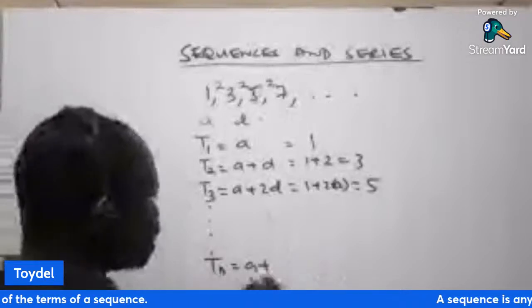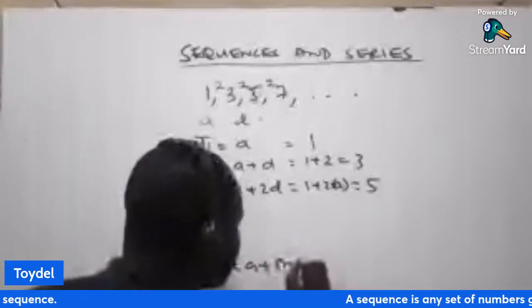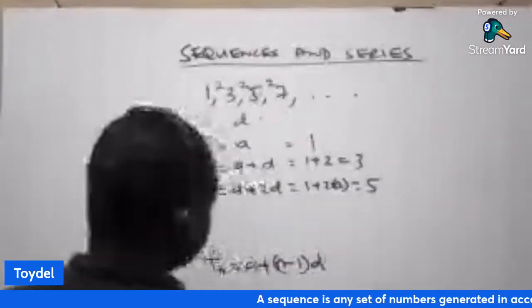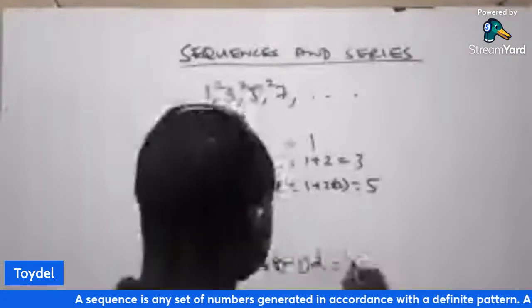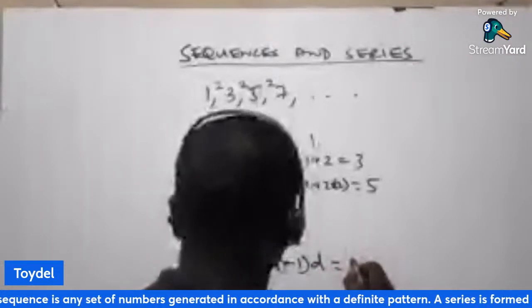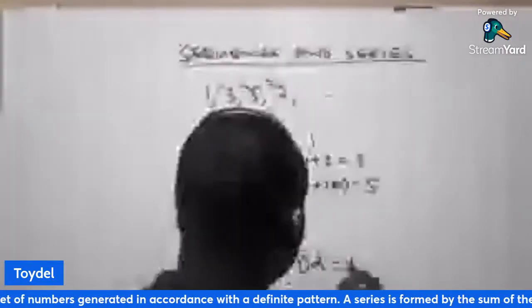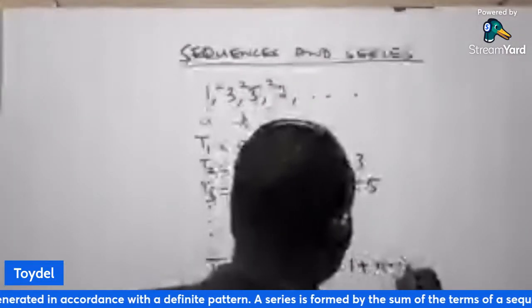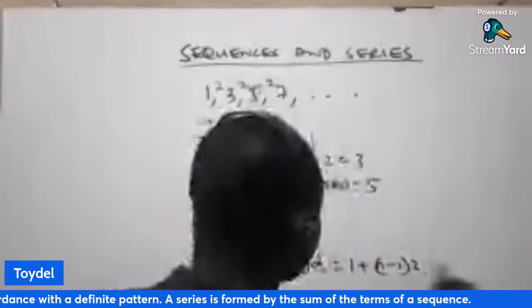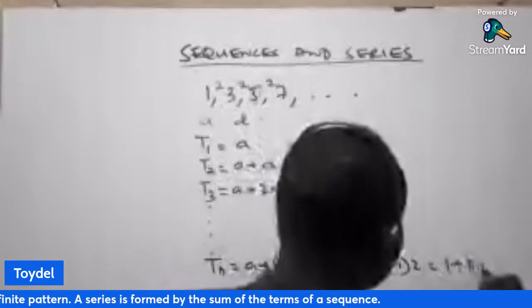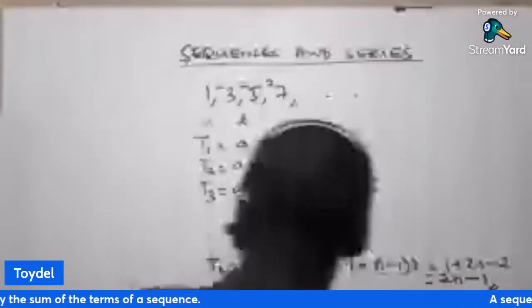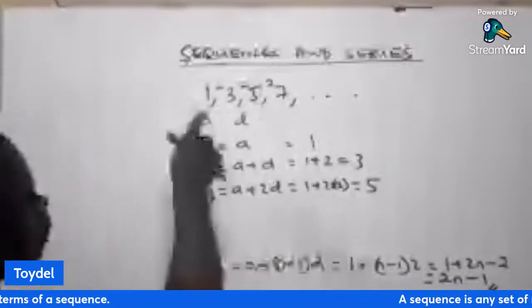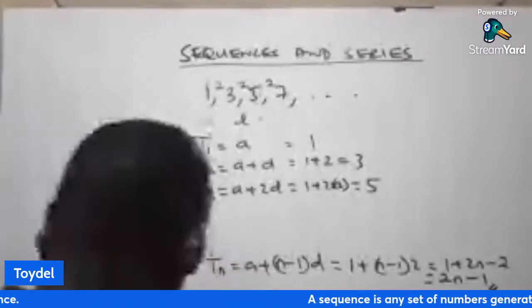Then when we have n, the coefficient will be n minus 1 into bracket d. Then in this case, the first term is 1 plus n minus 1, and the common difference is 2. We can open up to get 1 plus 2n minus 2. Then at the end of the day, we are going to get 2n minus 1, which will be the nth term of this particular sequence.